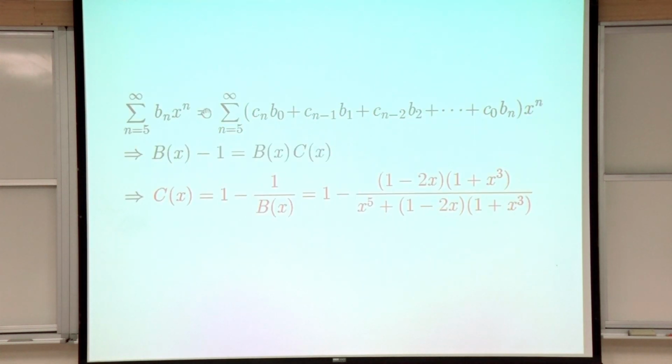Then we multiply both sides by x to the power n and sum them up. And let this thing be Bx. And we have B0 equal to 1, so we minus 1 here. And this part is equal to Bx times Cx, the product of the two generating functions. So we know what Bx is, and so we can solve for Cx to get this generating function.